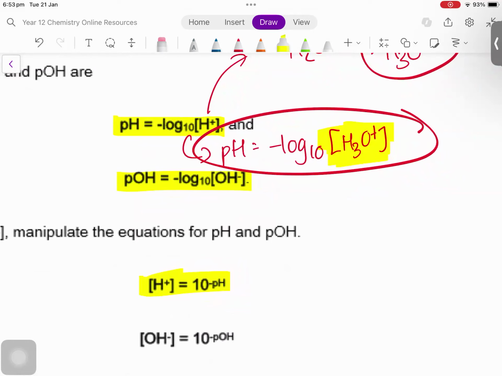You bring the base to the other side, and then the thing on the left goes up to the power. And the same thing for OH minus: the concentration of OH minus is 10 to the minus pOH. So the whole minus pOH is up in the power.